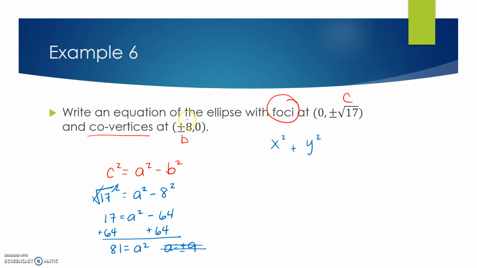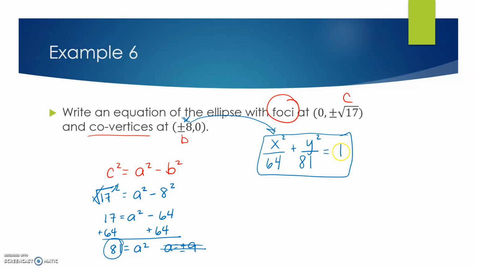My co-vertices are in the x-coordinate, so this is going to go underneath the x squared value. So I'm going to have 64 under here. And then my 81 is going to go here underneath the y squared, and it's going to always equal 1.